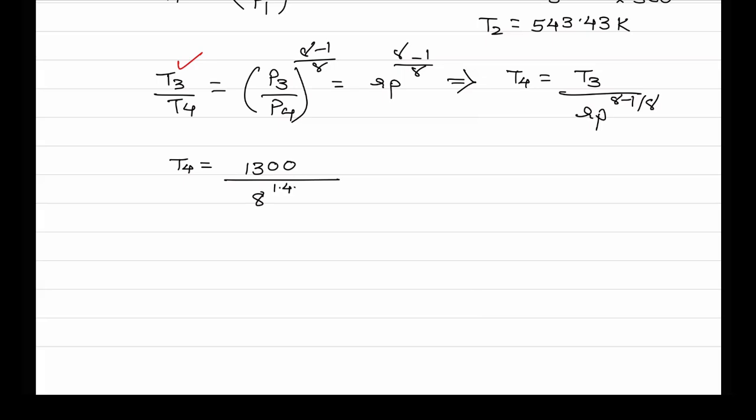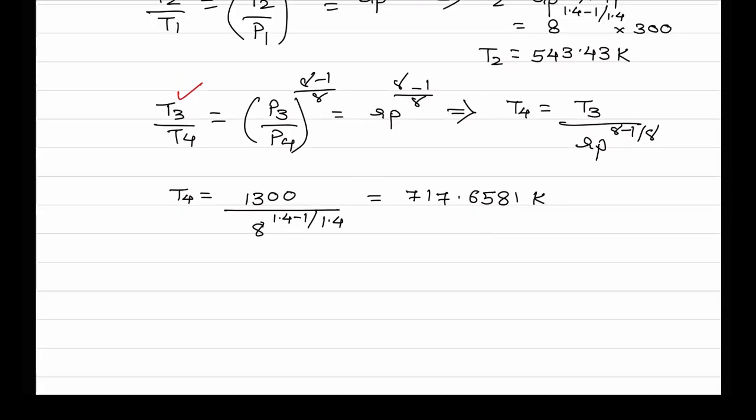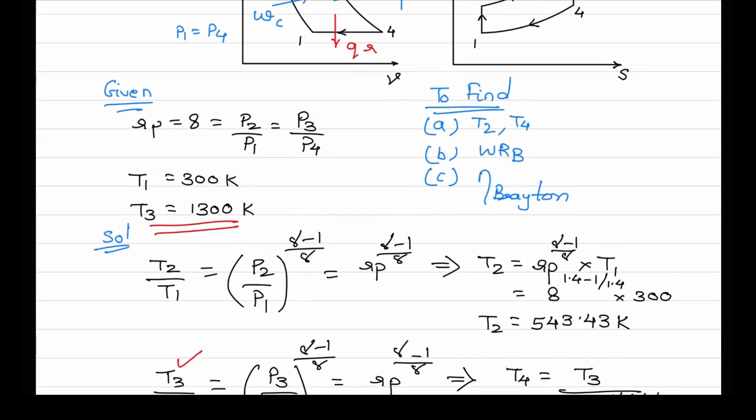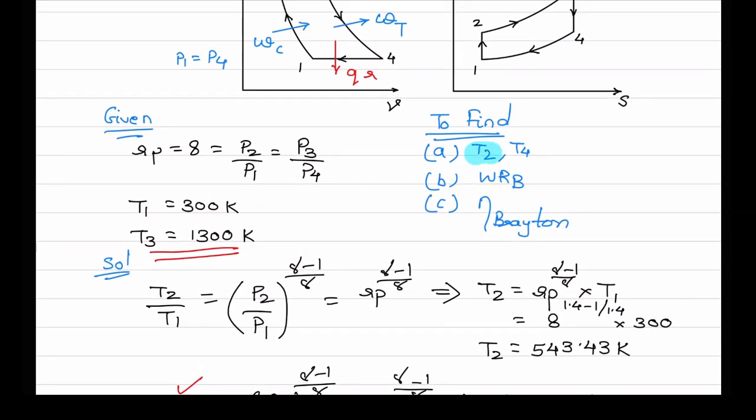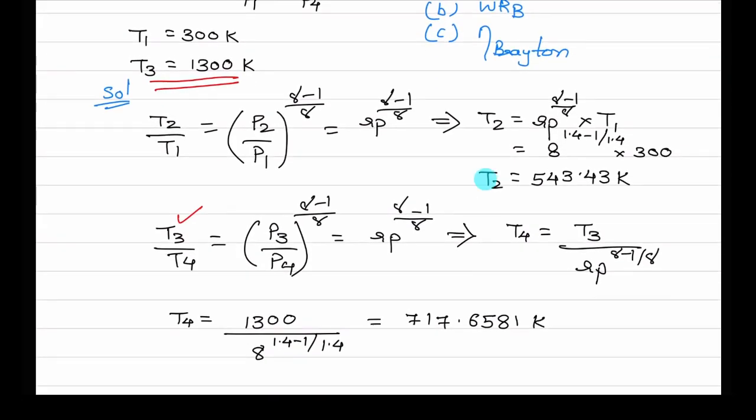Gamma for air is 1.4. So from here I can find the value of T4, which is 717.6581 Kelvin. So this will be the answer. It was asked to find T2 and T4. So we have found T2 and we have found T4.